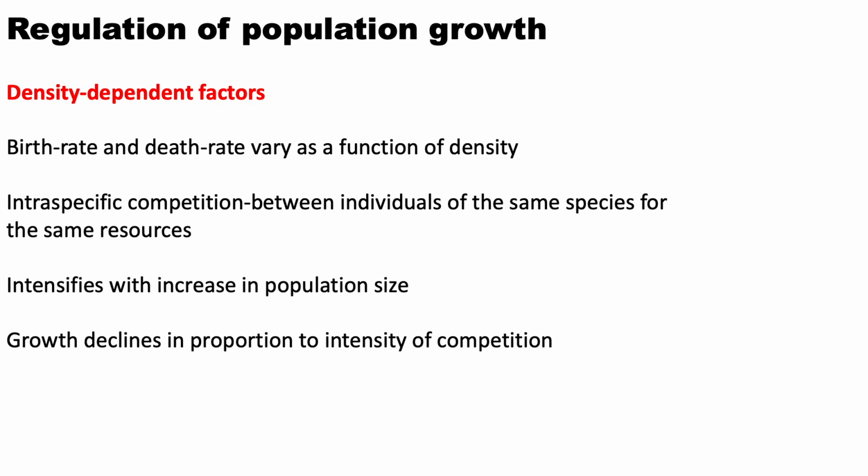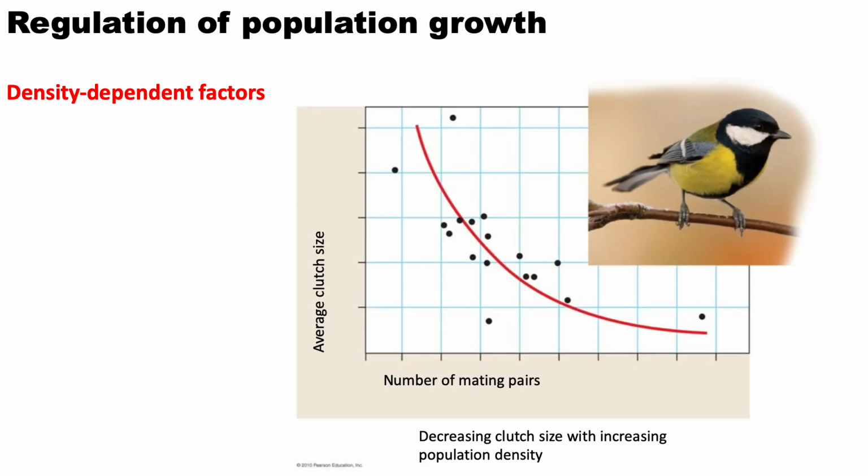Because of competition increasing, it will push down the growth rate as the density of individuals within that patch increases. And we see this in nature. For example, for great tits, we see that as the number of mating pairs increases, the average clutch size goes down.